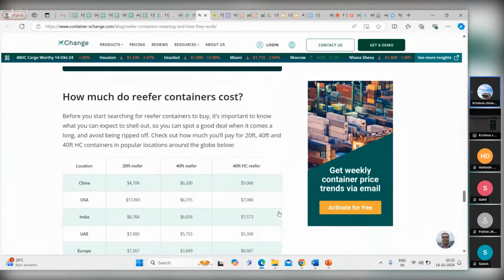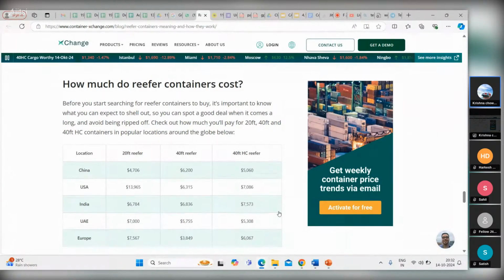So what is the general cost of a reefer container? In different countries, it's different. Like in China, you have $4,000 for 20 feet, $6,000 for 40 feet containers. And so this is Chinese dollars or yen.